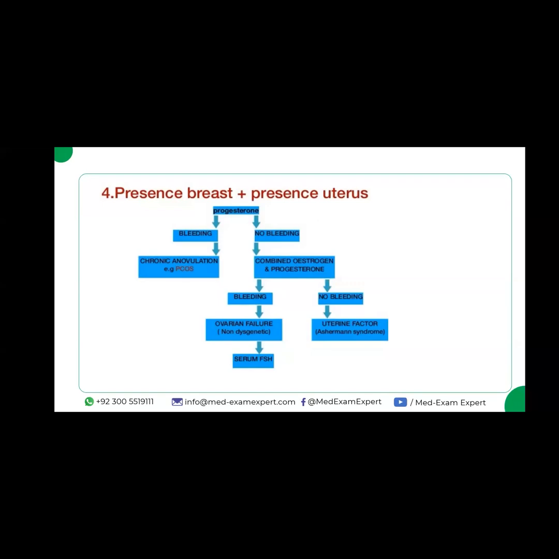But if after the administration of progesterone, the patient is not having bleeding, we will give the combined preparation of estrogen as well as progesterone, and we will see whether the patient bleeds or not. If there is no bleeding, then it means there is some uterine factor for amenorrhea, the most common cause being Asherman syndrome. However, if the patient is having bleeding, it means the patient is having ovarian failure.